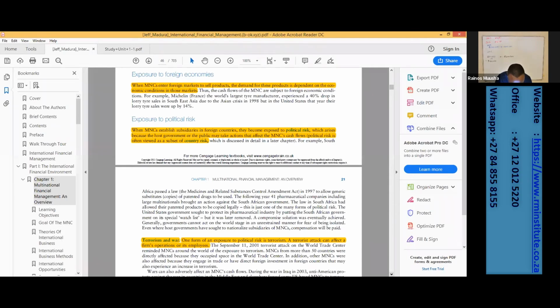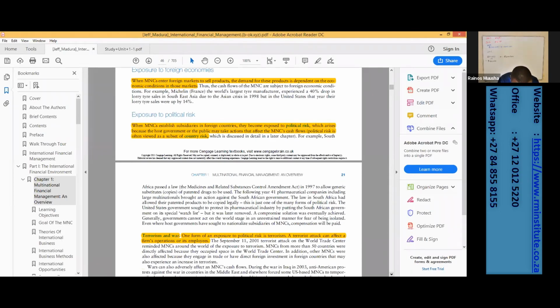So a typical example of political risk, if you check on the next page or second paragraph, they say terrorism and war, where they say one form of exposure to political risk is terrorism. So a terrorist attack can affect the firm's operations or its employees. So this is another issue where a multinational corporation has to take into account the political risk.